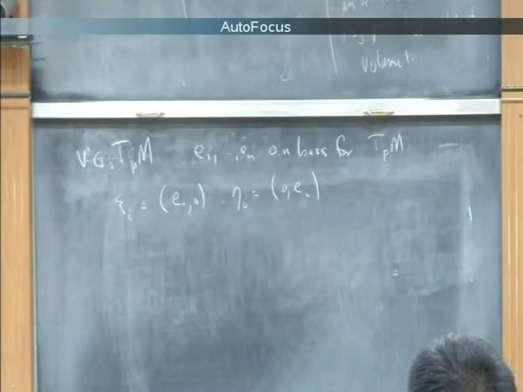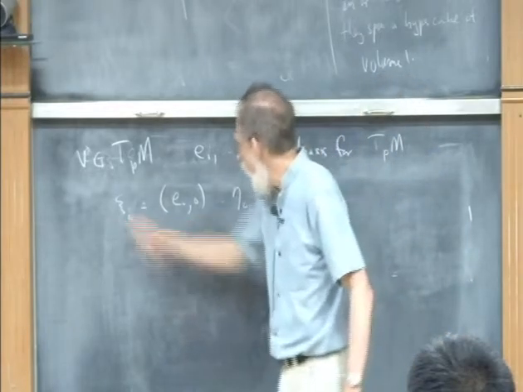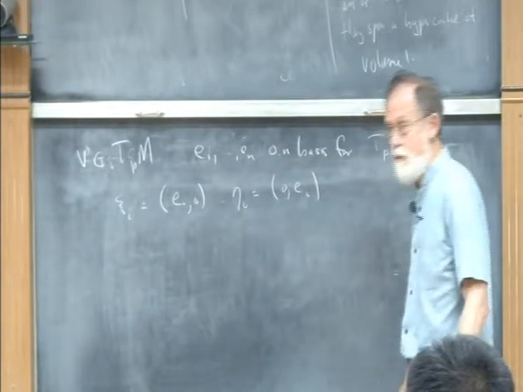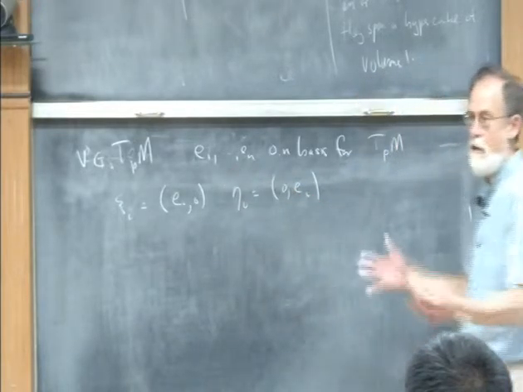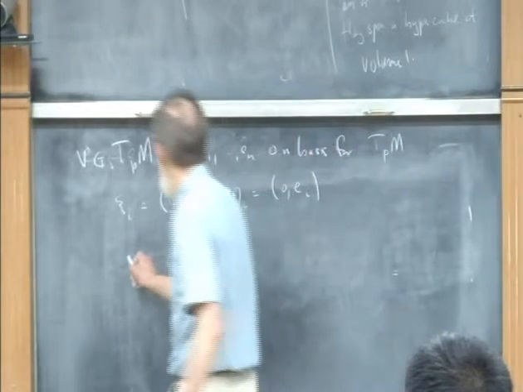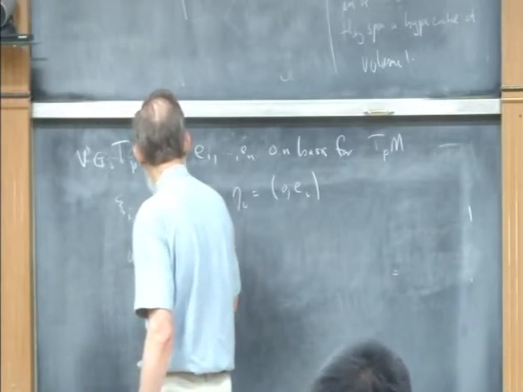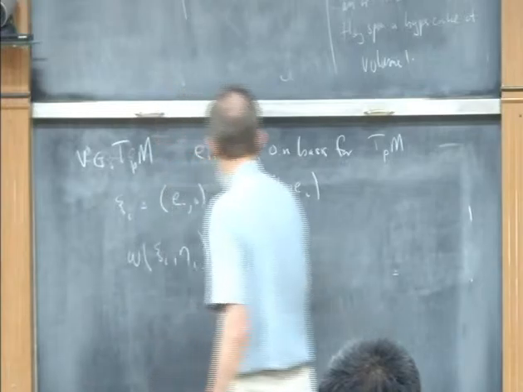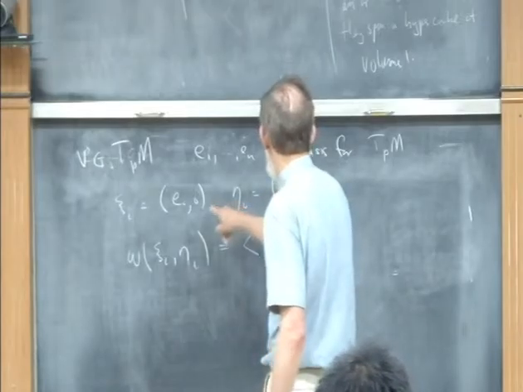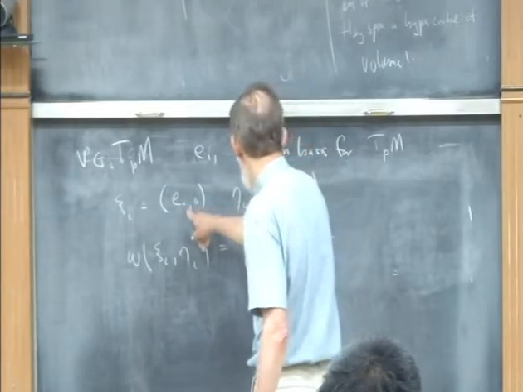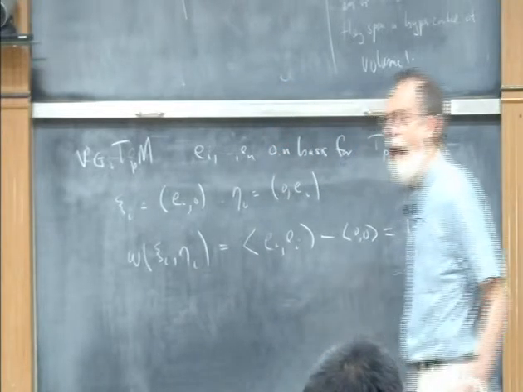And then you can just figure out what omega does to these things. If I have an i and a j, for i and j different, you're just going to get 0, because the e_i and the e_j are orthogonal to each other. And omega of xi i, eta i works out to be e_i minus 0, 0, you get 1.